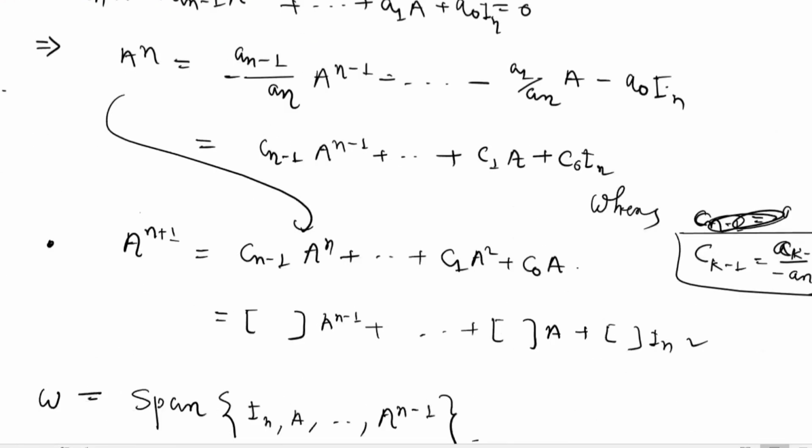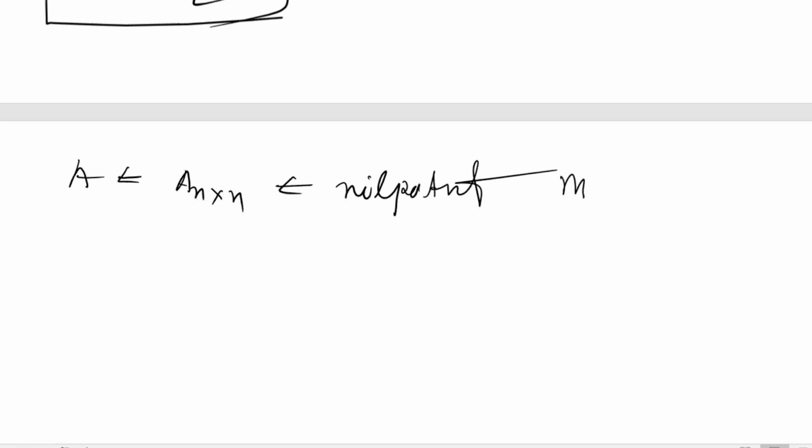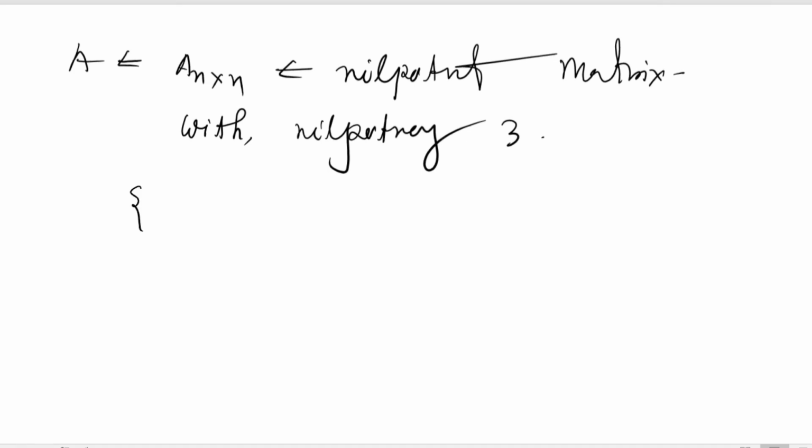So by counterexample, choose an n cross n nilpotent matrix A with nilpotency, suppose, 3. So A to the power 3 equals 0 because of nilpotency 3, and also A to the power 4 equals 0, and so on.